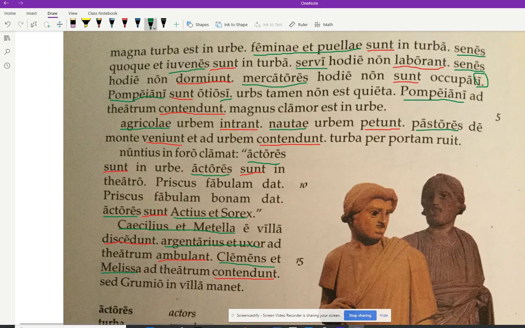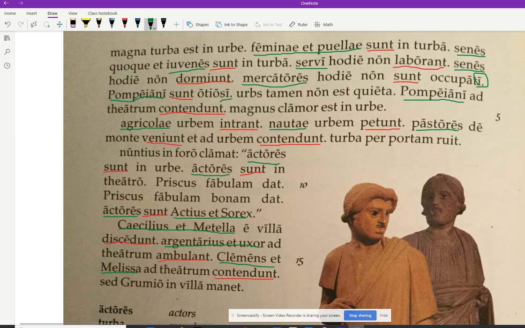Caecilius and Metella a villa discedunt. So discedunt, leave. Caecilius and Metella leave a villa, from the house. Argentarius et uxor ad theatrum ambulant. So the banker and his wife, ambulant, walk ad theatrum, to the theater. Clemens et Melissa ad theatrum contendunt.